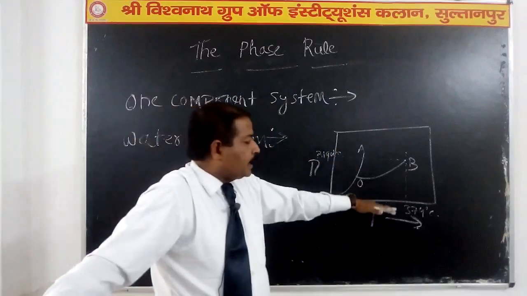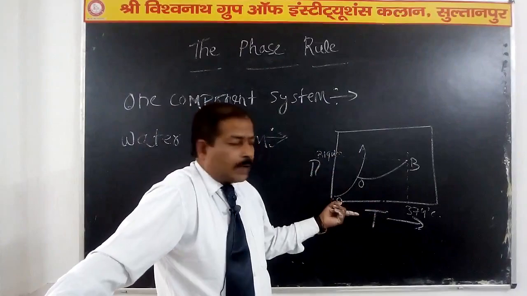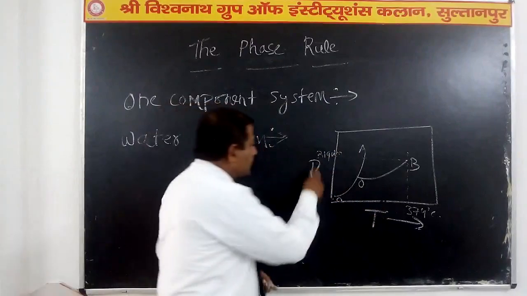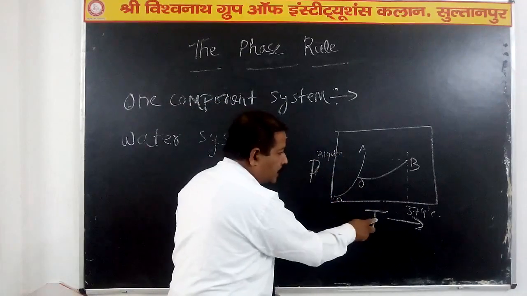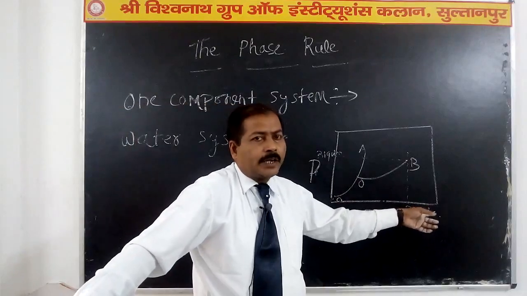This is the simple phase diagram of the water system, plotted between the pressure and the temperature. The critical temperature of the water system is 374 degrees centigrade.